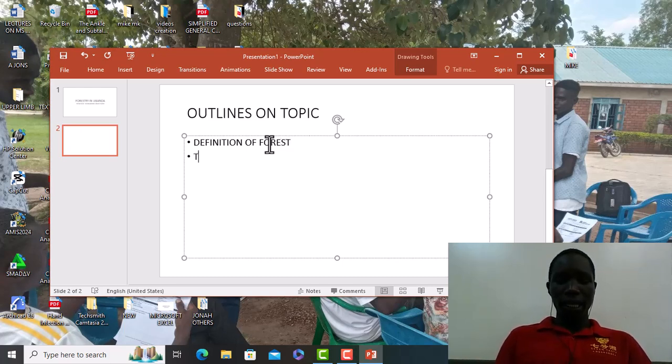Next is types of forest in Uganda. Then we have importance of forest to man and animals.